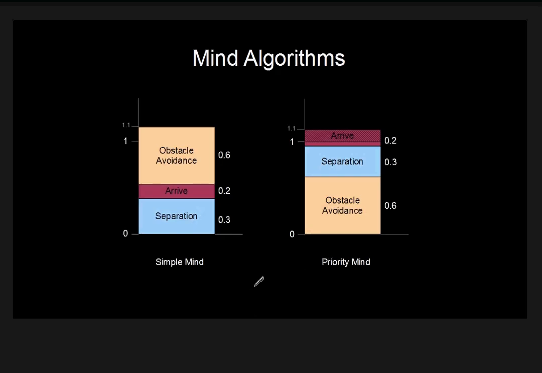And what is simple mind? Simple mind just sums up all behaviors like we did in our test. Here these numbers are priorities. Each behavior has a priority, and simple mind is just multiplying this priority with the steering force and sums up these values, and this results in the final steering force.